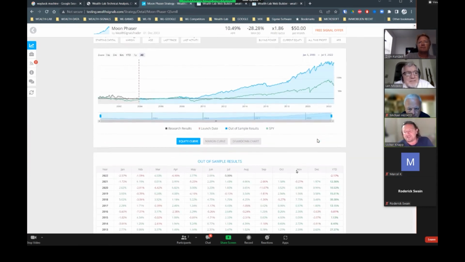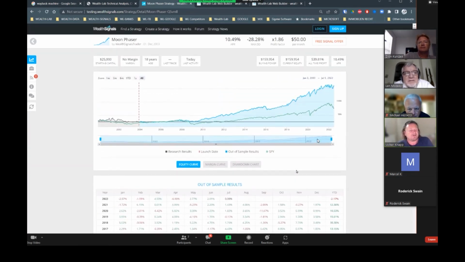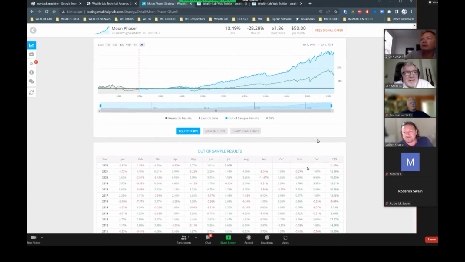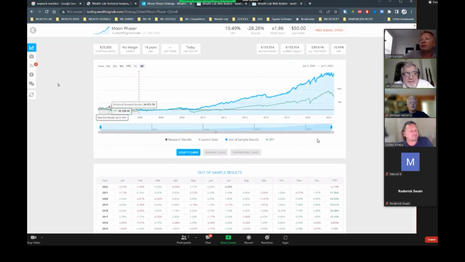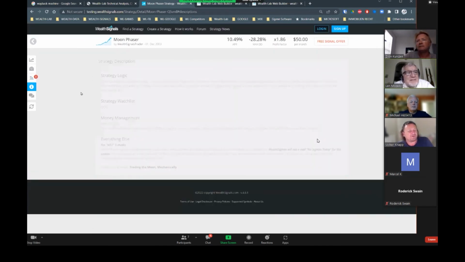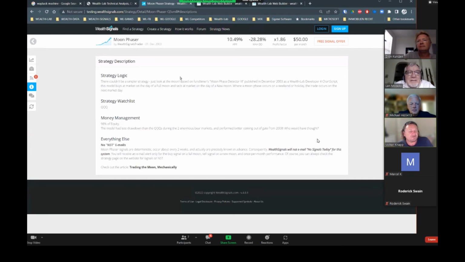And you know what it is, right? Everyone knows what it is. It's buy on new moon and sell on full moon or something. Well, it has a description. Click the description, it should describe it there. Just look at the moon based on Fund Timer.